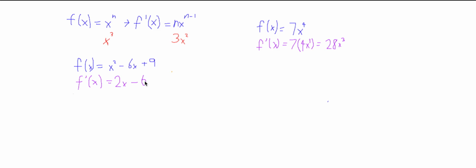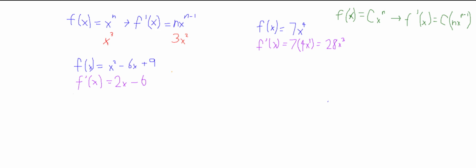So if f of x equals c times x to the n, then f prime of x will be equivalent to c times n x to the power of n minus 1. That's the constant multiple rule here.